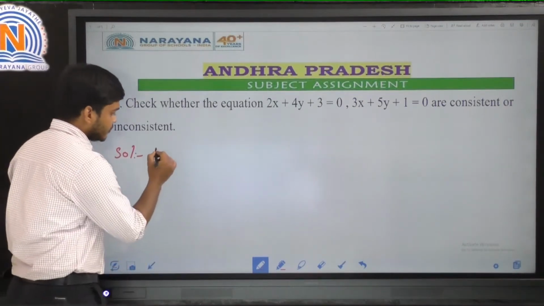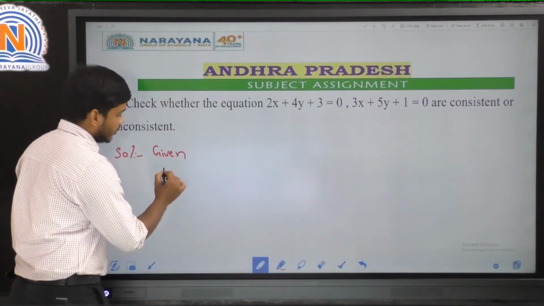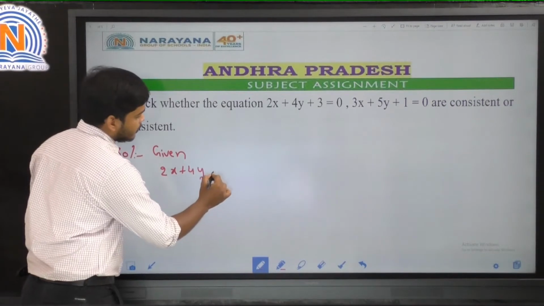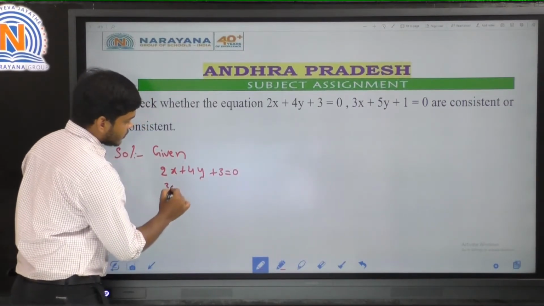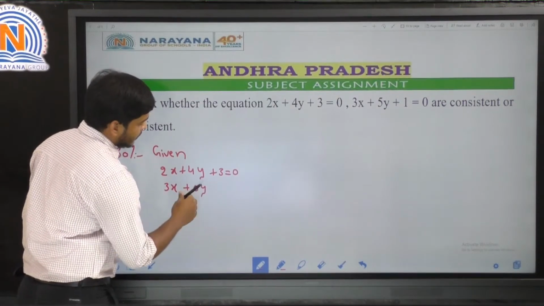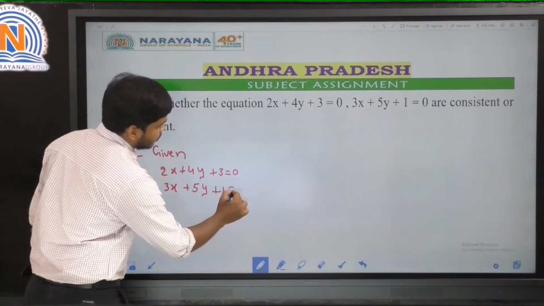Given equations: 2x + 4y + 3 = 0 and 3x + 5y + 1 = 0.